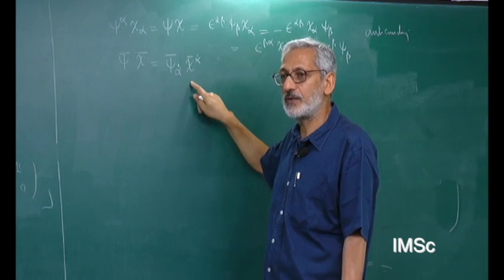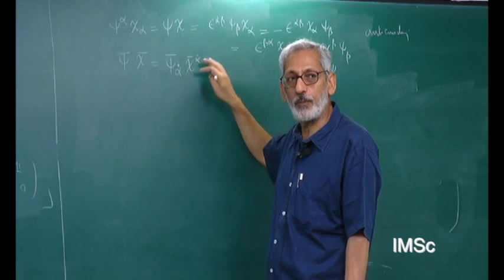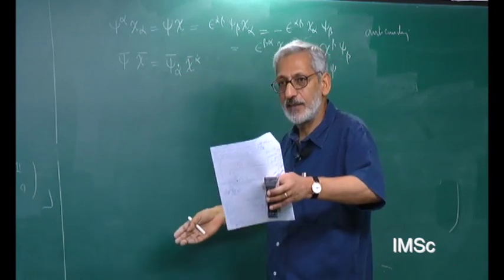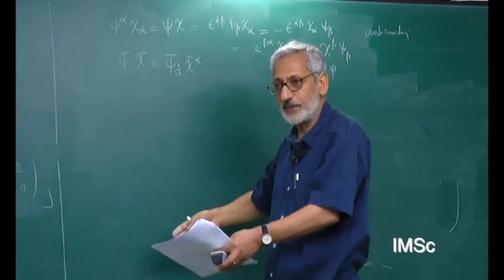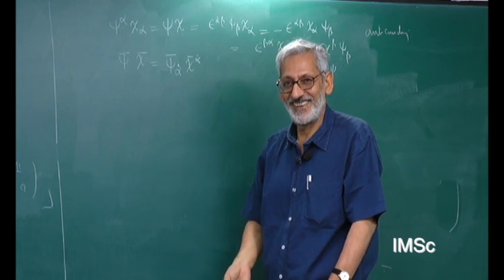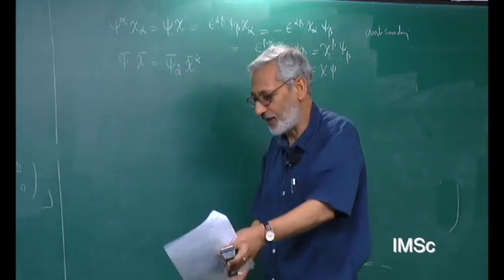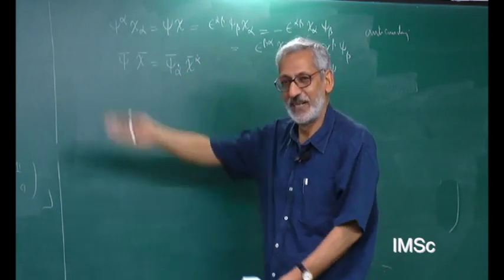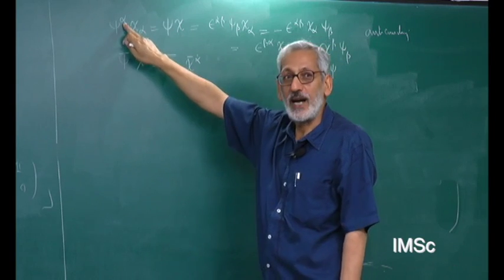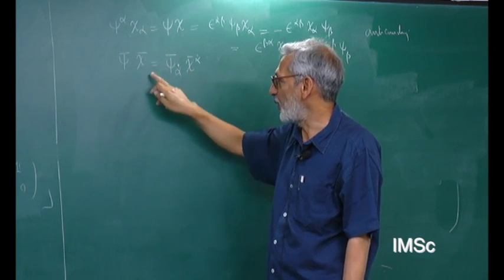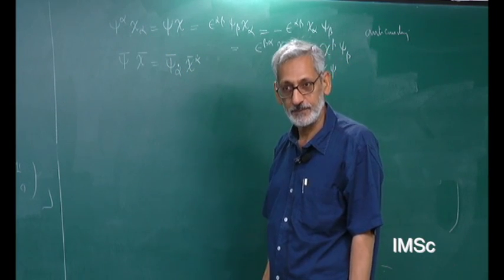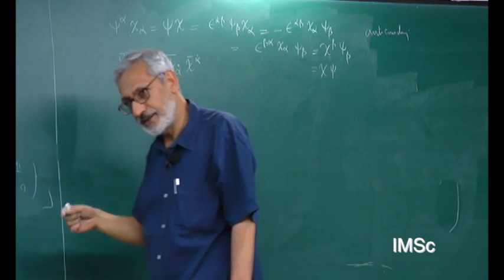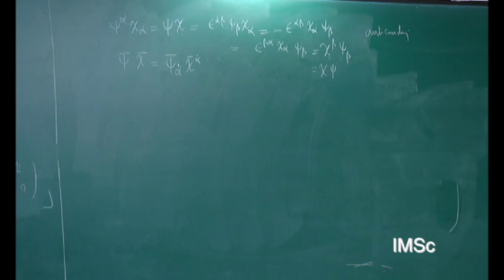When you make contractions with dotted ones, you go from down to up. Some people wave hands and say one of them is like this, another one is like this. So this is the rule. Undotted up down, dotted down up. Once you get used to it, this is, I'm going slowly over it because this is something one has to get used to. Even now I make mistakes sometimes.